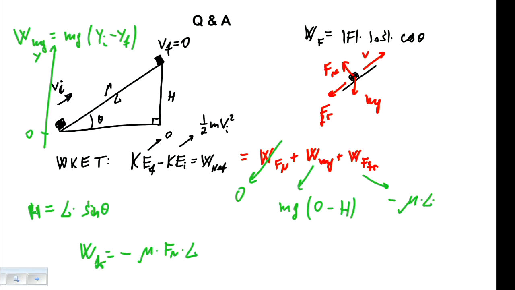And the last, the trickiest part is writing an expression for the normal force. But it's not related to this situation. That's related to a situation studied 3 weeks ago. And for the normal force, the expression is mg cosine theta.